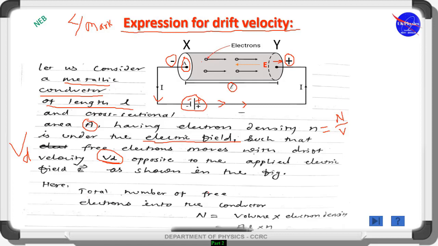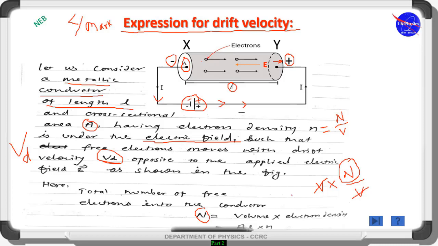Here the total number of free electrons inside the conductor is N. Let N be the total number of electrons inside the conductor, and this number is given by the multiplication of volume and the electron density, because volume means V and electron density means small n, which is capital N by V, and this V cancels this V, and finally only capital N remains.